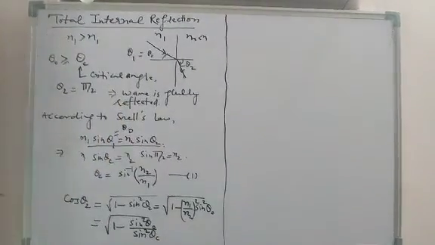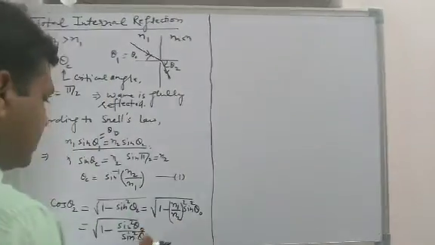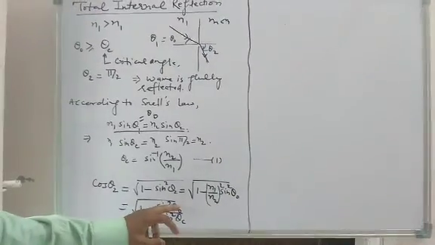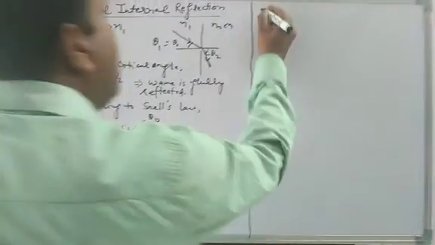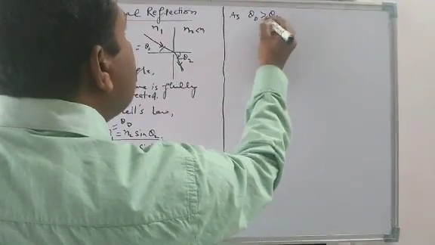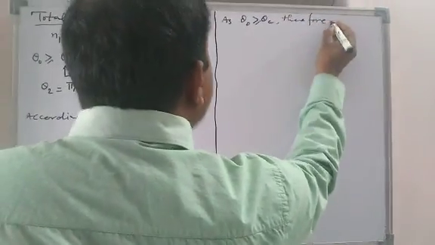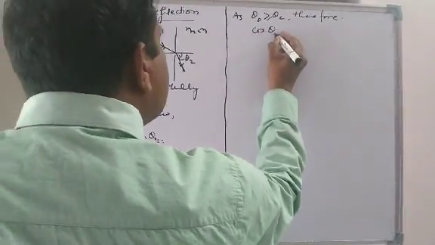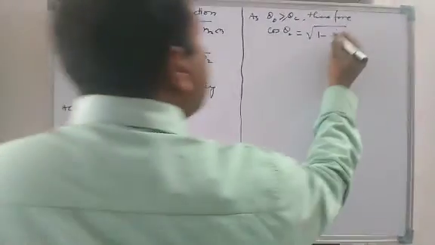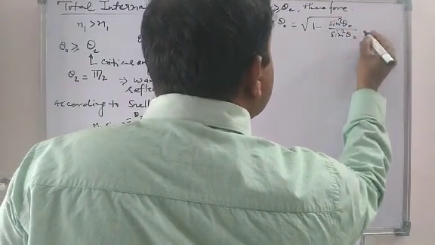So that's our relation. Now theta 0 is either equal to theta c or it's greater than theta c. Therefore, what we expect is that cos theta 2 is going to be the square root of 1 minus sine square theta 0 by sine square theta c.